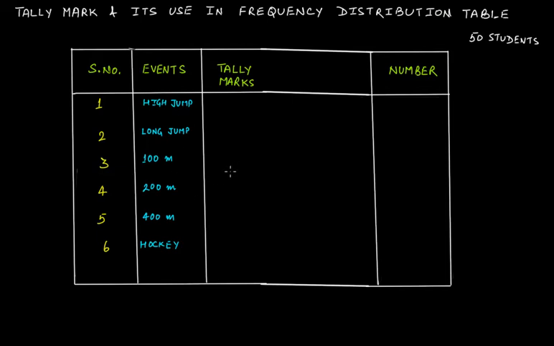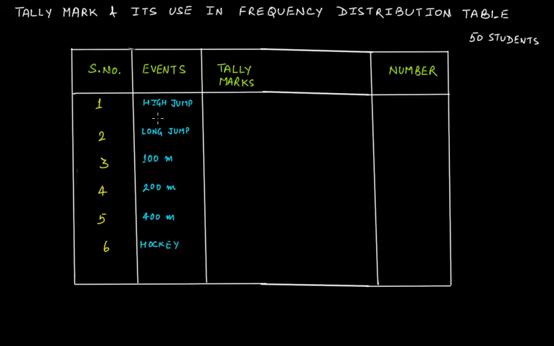Now, how can you do this? You have 50 students. Suppose your class teacher asks how many students are going to take part in high jump. Students either stand up at their place or raise their hands, and you start counting: 1, 2, 3, 4, and so on.